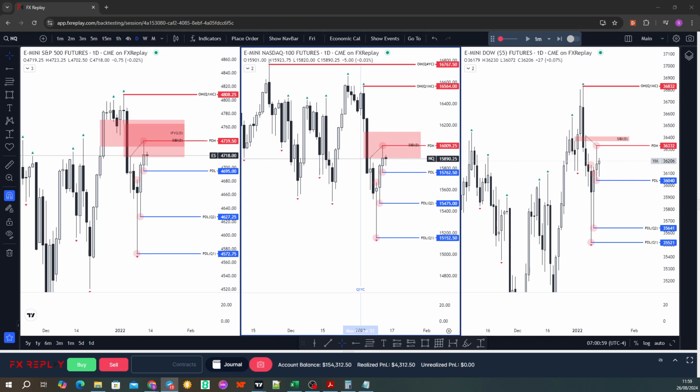If we look at external range liquidity to internal range, looking at NQ, the market purged the old low, external range liquidity, before rejecting and repricing higher, targeting internal range liquidity in the form of the CB daily.